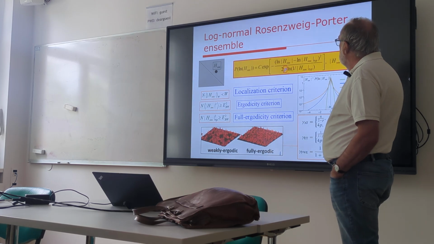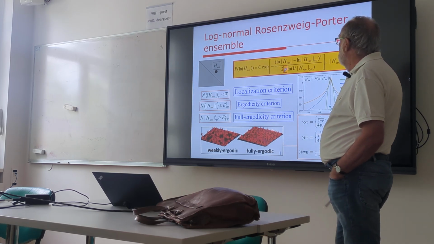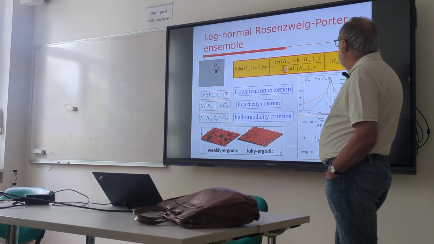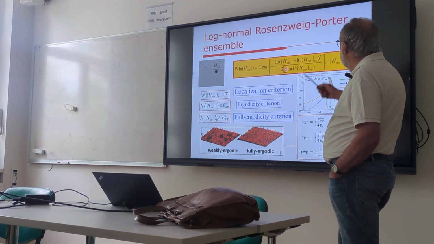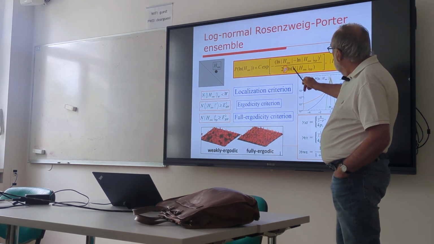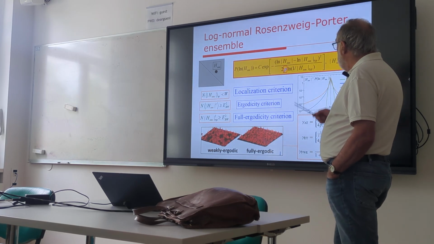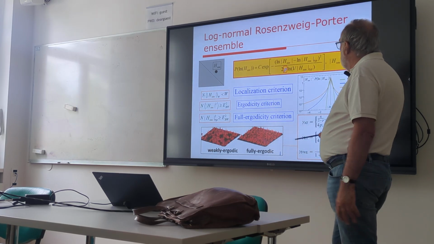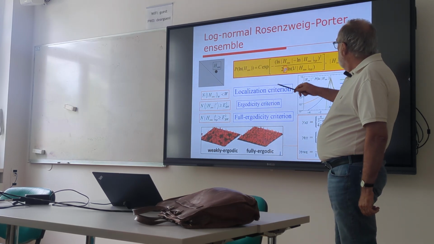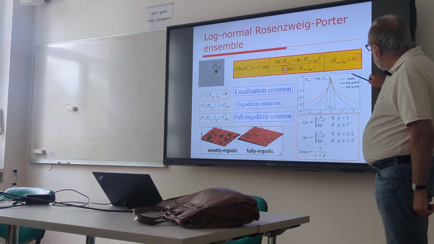And as I said, for the log normal distribution that appears when I map the random regular graph on Rosenzweig-Porter, this p is equal to 1, because this thing and this thing differ by a factor of 2. But in principle, this p could be anything, and this distribution is plotted here.